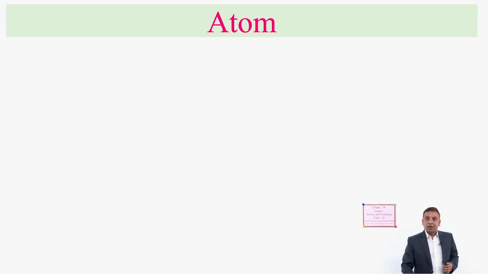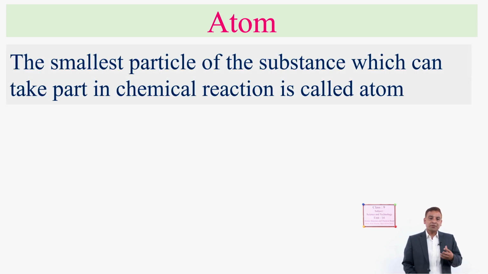So, in fact, what is an atom? We are going to talk about the atom in our class today. The smallest particle of a substance which can take part in a chemical reaction is called an atom. As you have discussed in your previous classes, reactions take place between different substances and chemicals.